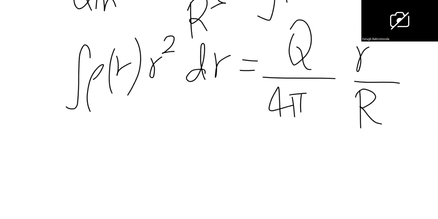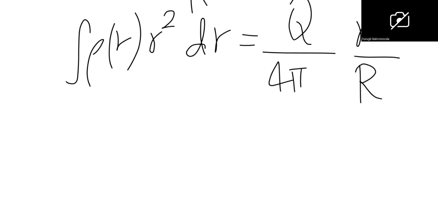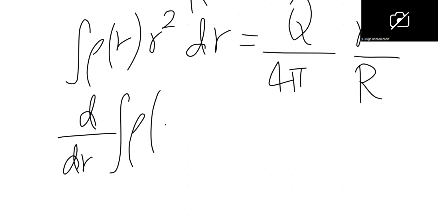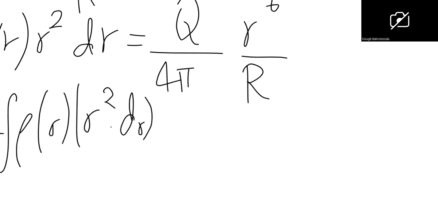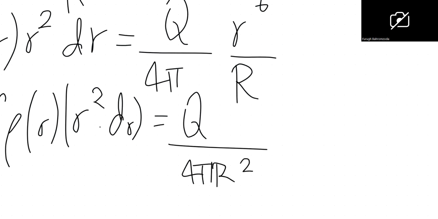So now, taking the derivative on both sides, it will be d over dr of the integral of density times r squared dr, which will be equal to Q over 4 pi r squared multiplied by d over dr of this r to the power of 6.